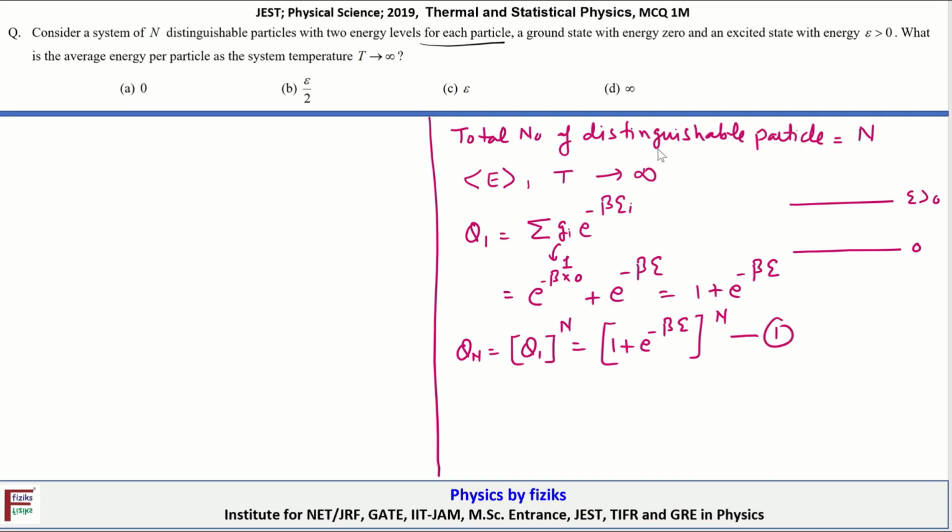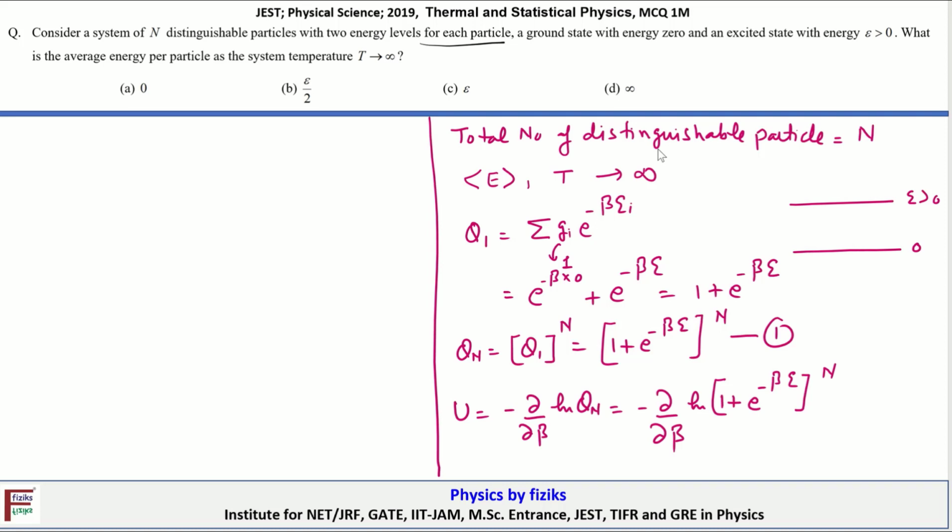Now we want to obtain the expression for the average energy. The average energy for a system of n particles is given by U equals minus the partial derivative with respect to beta of ln Qn, which is minus the partial derivative with respect to beta of ln of 1 plus exponential minus beta E to the power n.